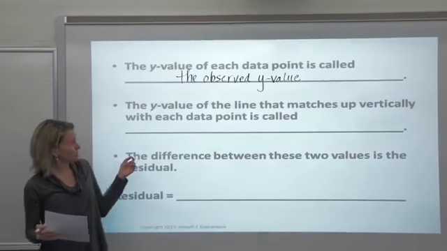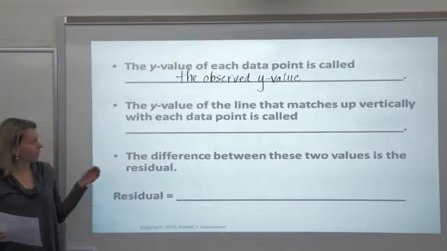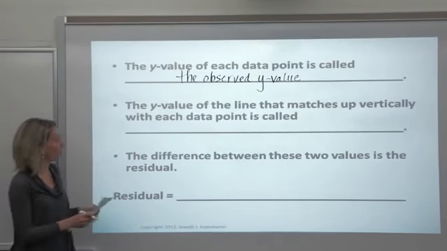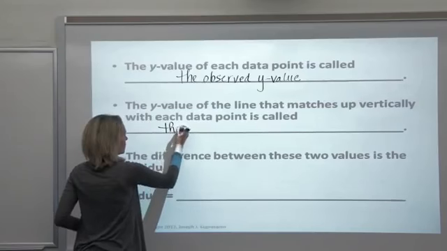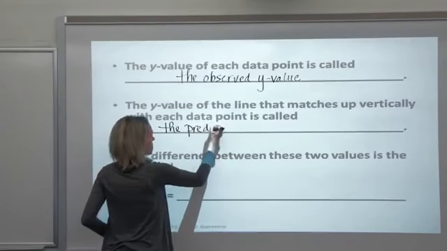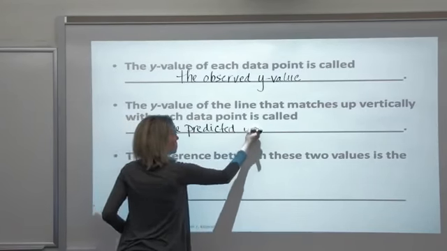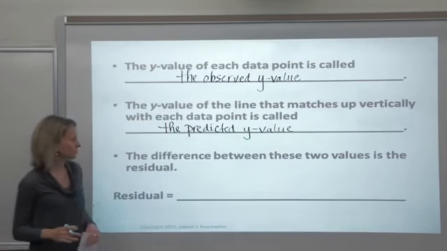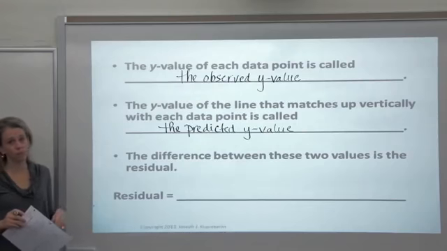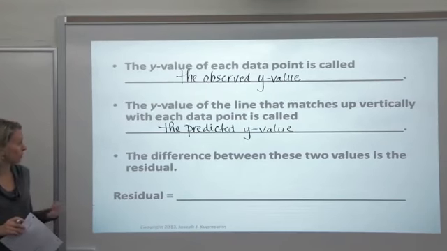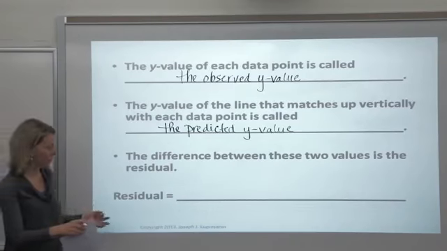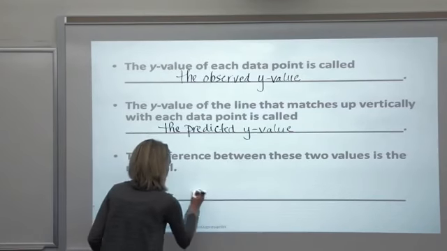The y value of your regression line that matches up vertically with each data point, that's called the predicted y value. And the difference between those two values is what we call the residual. And again, it's important with residuals that we always take the observed y value minus the predicted y value.